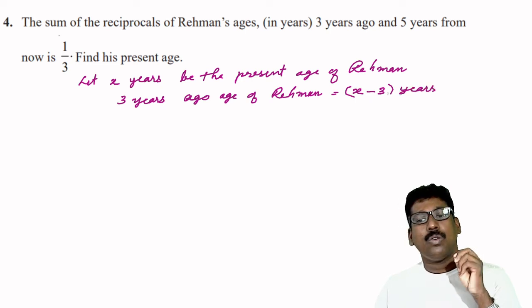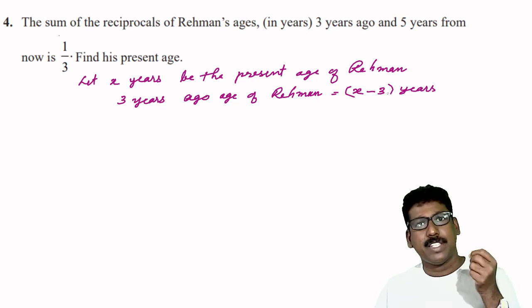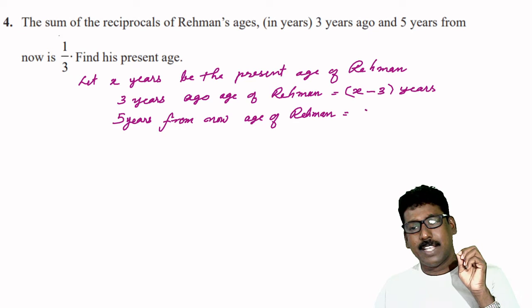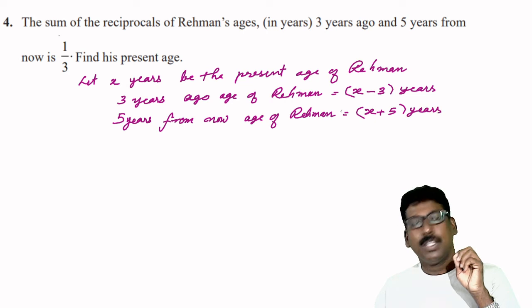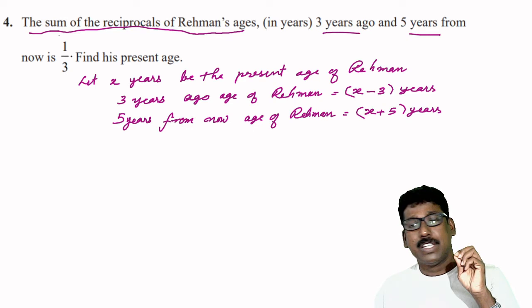Then, what is 5 years from now? That means after 5 years. 5 years from now, the age of Rehman you can write as x plus 5 years. Now, what is the condition of the problem? The sum of the reciprocals of Rehman's age 3 years ago and 5 years from now is 1 by 3.